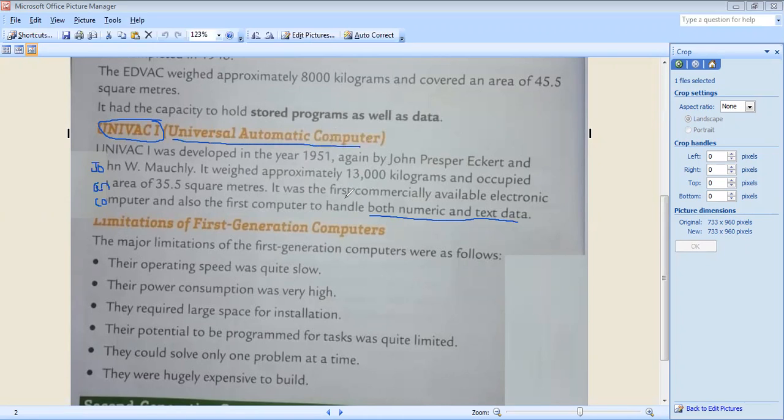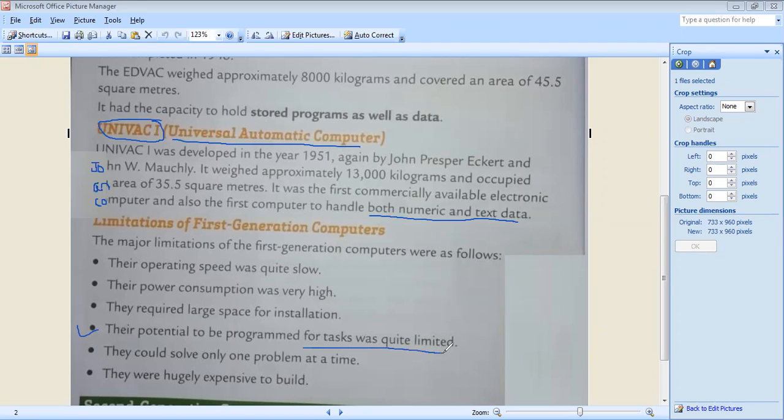The major limitations of the first generation computers were as follows. Their operating speed was quite slow, much slower than today's computers. Their power consumption was very high. They required large space for installation. Their potential to be programmed for tasks was quite limited.